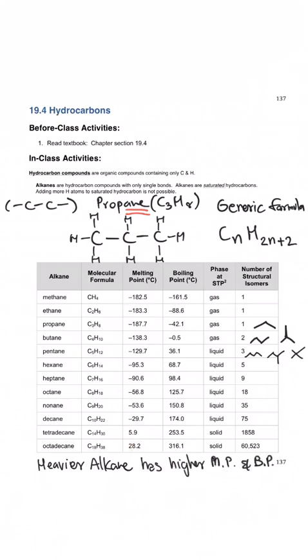According to this observation, we can conclude that the heavier the alkane, the higher the melting point and boiling point. And as you see, that also affects the physical state, right? The smaller alkanes would be in the gaseous state. The heavier alkanes would be in the liquid state. And the more you increase the number of carbon, or the molecular weight, the state would be solid.